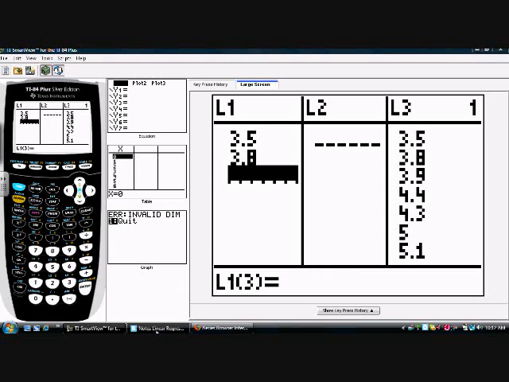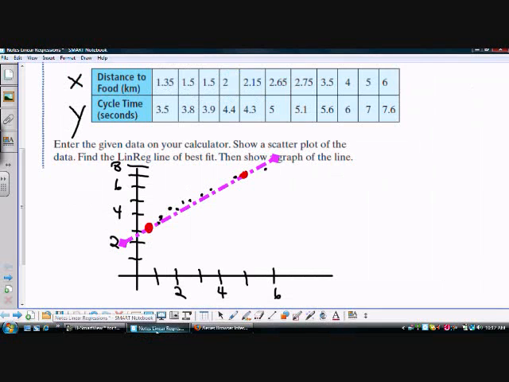Now I'm going to go back to that page, whoa, wrong thing, sorry. Ah, that's the y's. Your first number in list 1 should be 1.35, and then 1.5, and then 1.5, and 2, etc., etc.